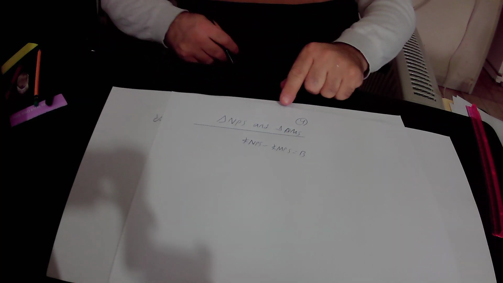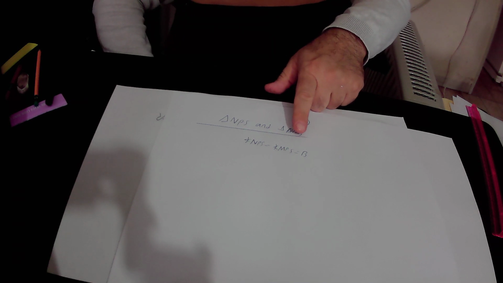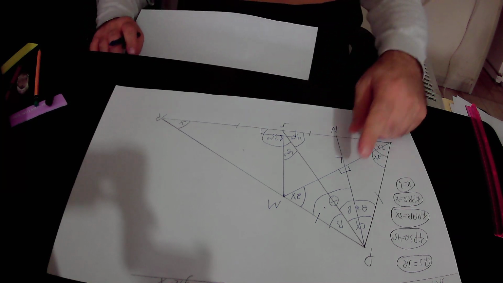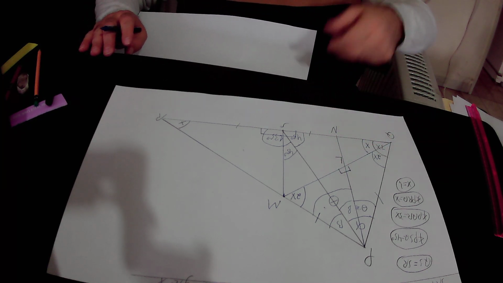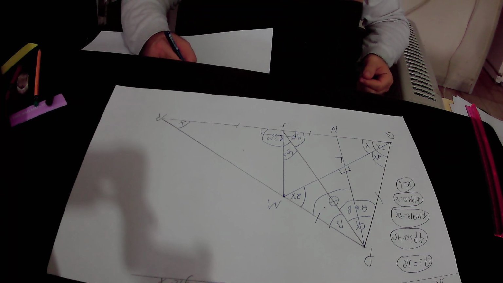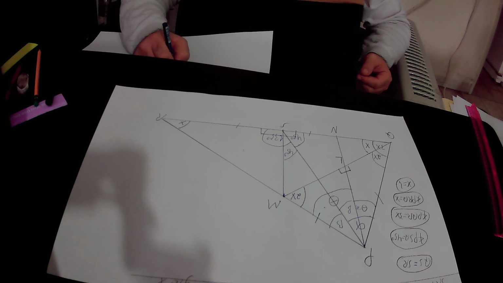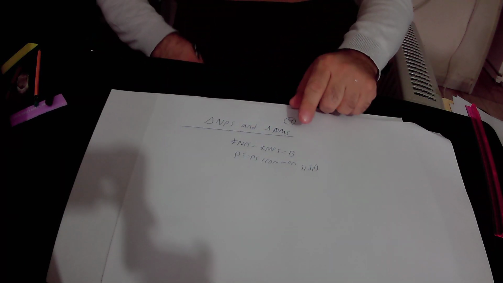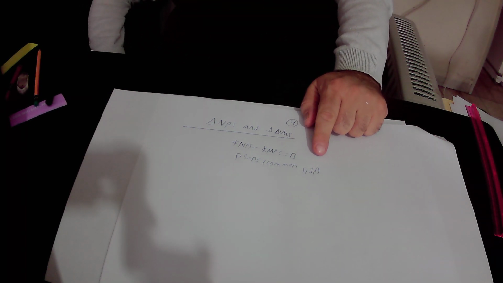So again, angle NPS equals angle MPS equals beta. PS is a common side, it belongs to both triangles, so we can write down that PS equals PS. Side PS equals itself because it is a common side that belongs to both triangles.